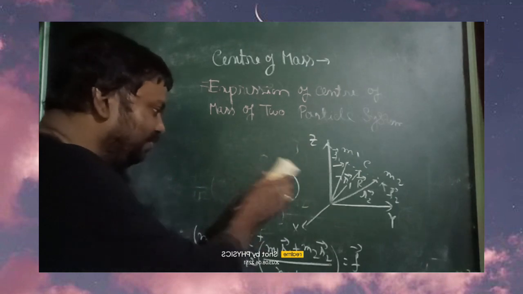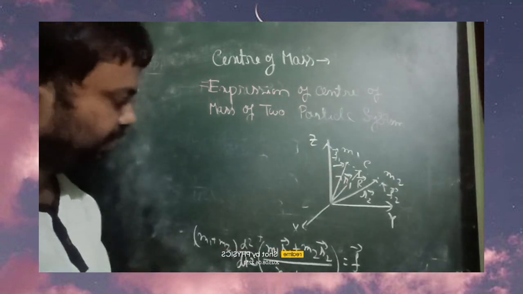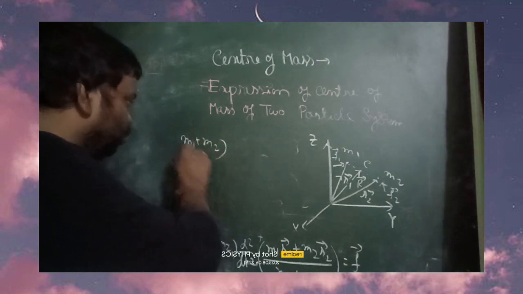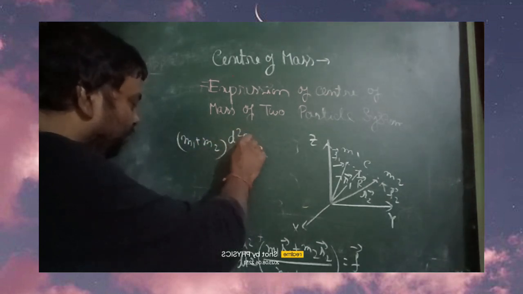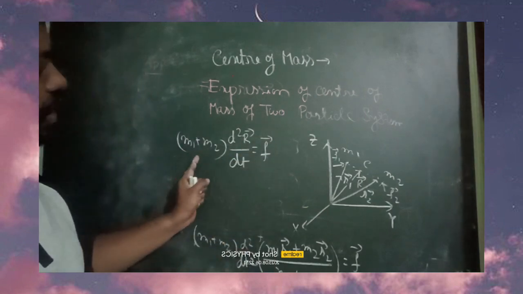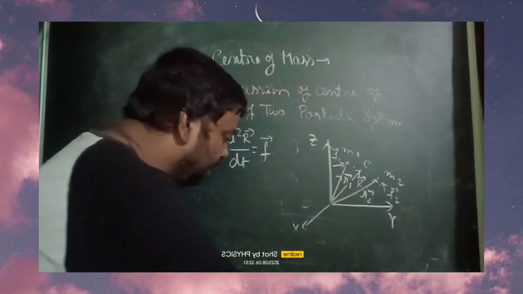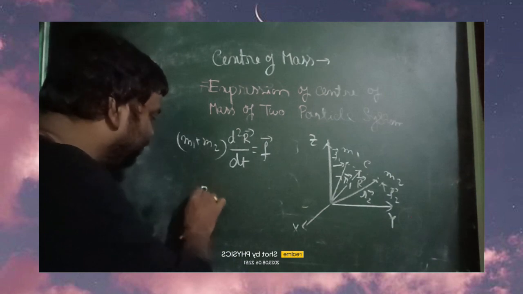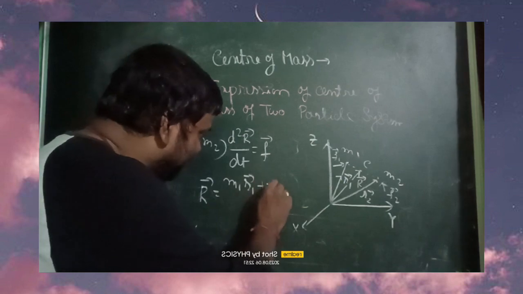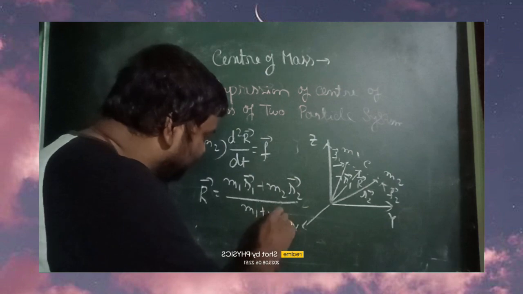We can remember that we have considered the R vector. Now putting it in that place, we have m1 plus m2 into d squared R vector by dt squared, that is equal to F. So the total force equals mass times acceleration. From that, the R vector is equal to m1 r1 vector plus m2 r2 vector by m1 plus m2.